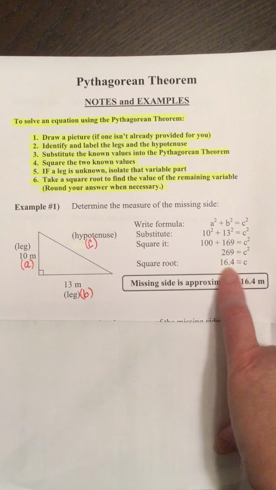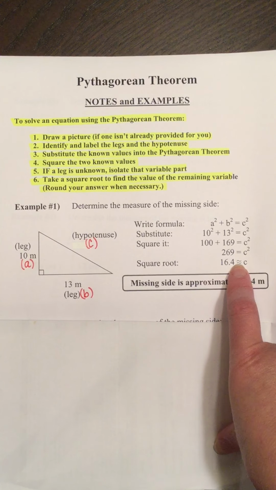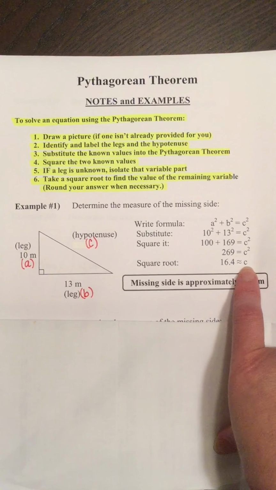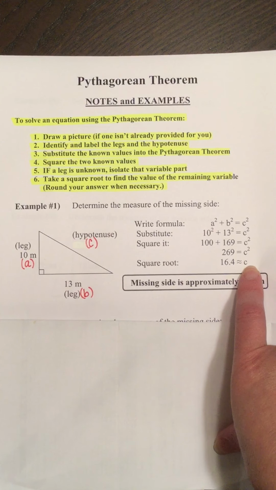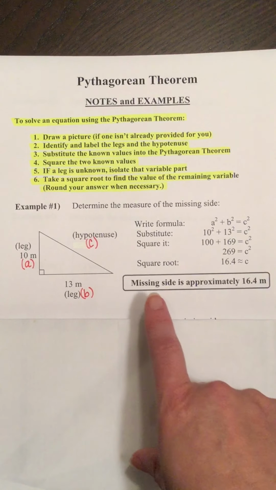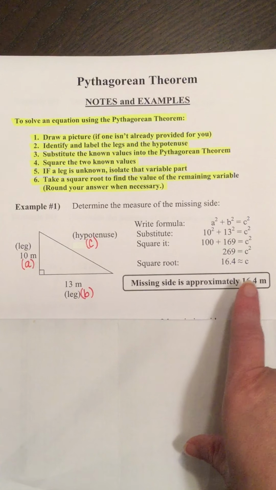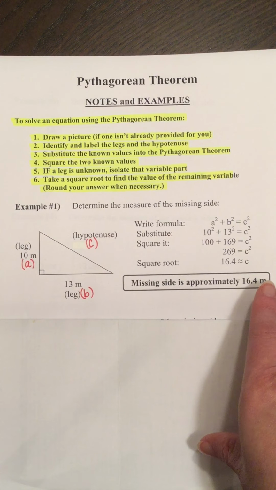We rounded this answer, so you want to put the two wavy lines, and that means approximately, not exact. So 16.4 is approximately the length of side C, or our hypotenuse. So our missing side is approximately 16.4 meters.